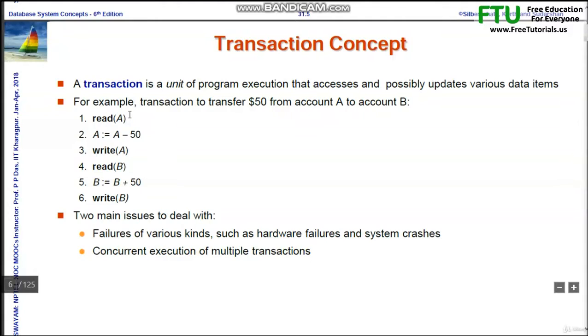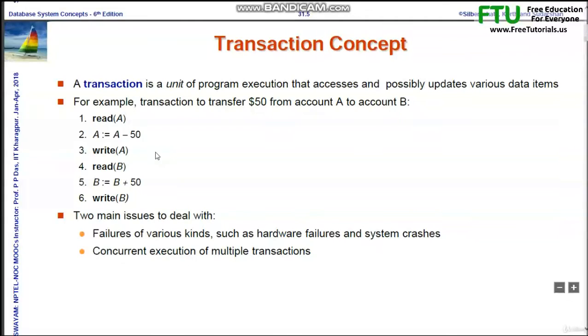Then at the receiver, destination side, it again reads B, our friend's account balance, adds the $50 in our friend's account, and updates it into the database. So that's a short code to understand the transaction.